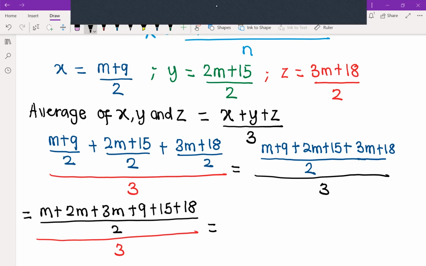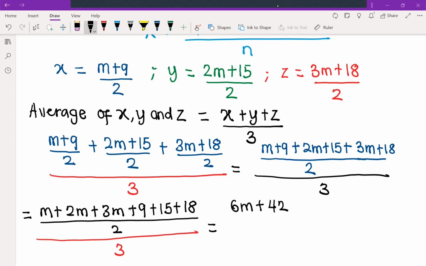So we can solve this further. M plus 2m, that's 3m. 3m plus 3m, that's 6m. So I'll have 6m plus 9 plus 15, that's 24. 24 plus 18 will give us 42. So I have 6m plus 42 divided by 2, and everything again divided by 3. Looking at the numerator, 2 is common.